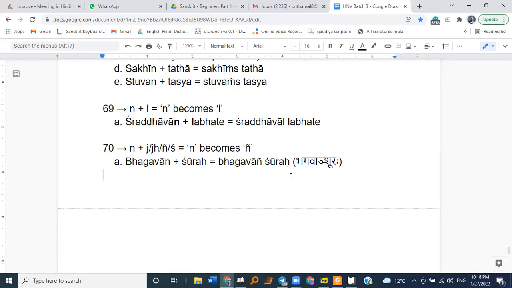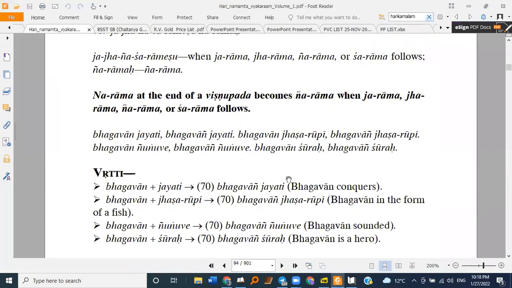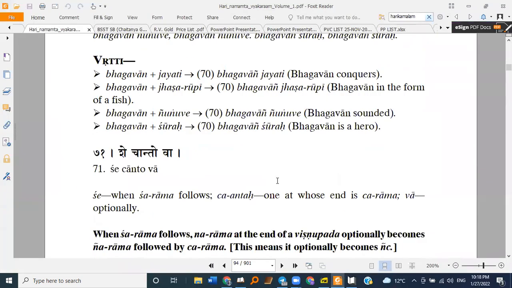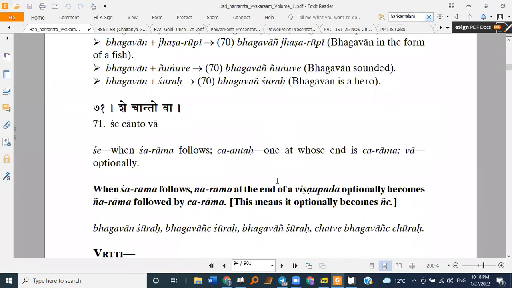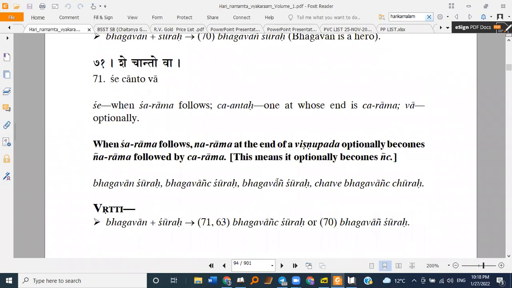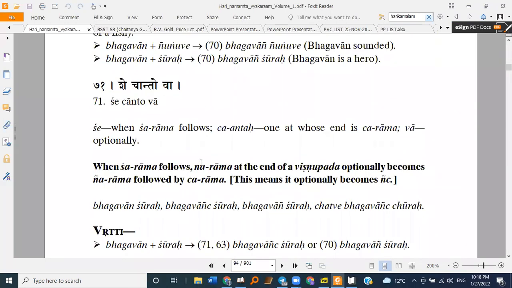Okay, so that was the 70th Sutra. What was this Sutra? Jajhagnya Sharameshu Nyaramaha. Then She Chantova. This is interesting. To be frank, when I was studying and I reached this sutra, it really disturbed me. I was not able to understand this sutra.